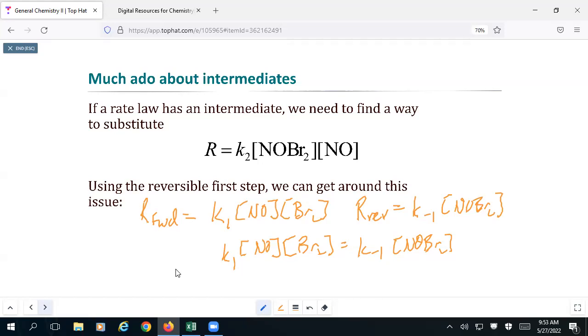To get NOBr2 by itself, I just need to divide by k-1. So substituting, this is now k1 over k-1 times nitrogen monoxide times bromine.